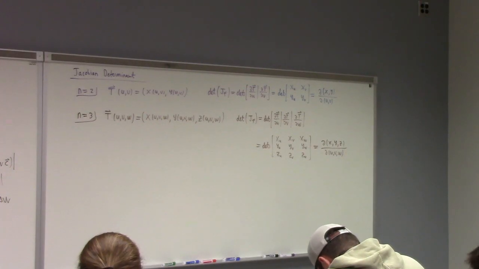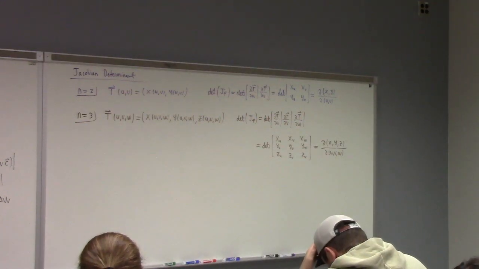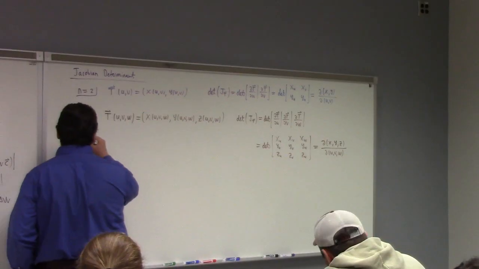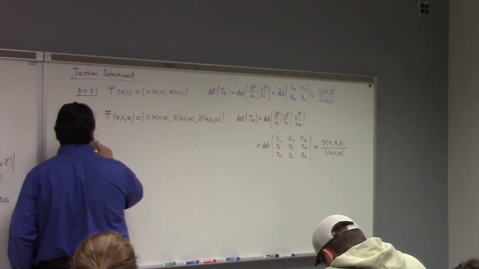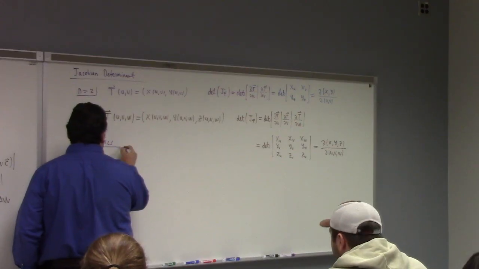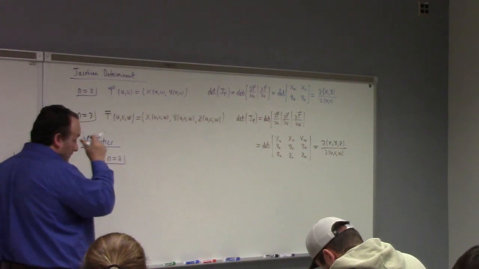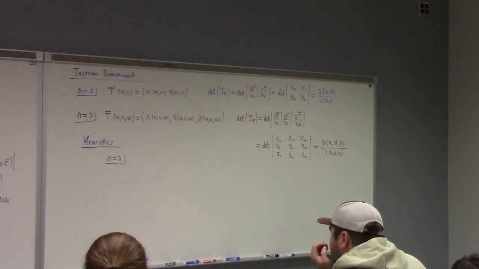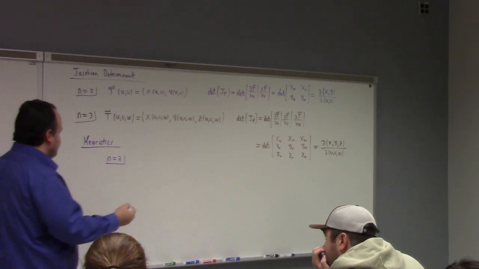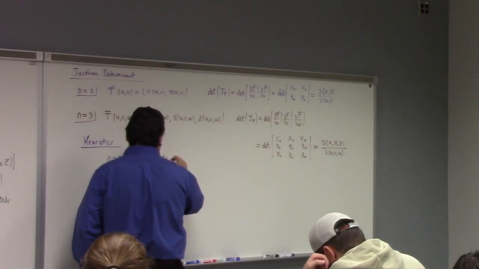Now I can give you a summary of the change of variables theorem like this. Here are some heuristics for n equals 2. For n equals 2, the infinitesimal area, we can say dA, is equal to dx dy.